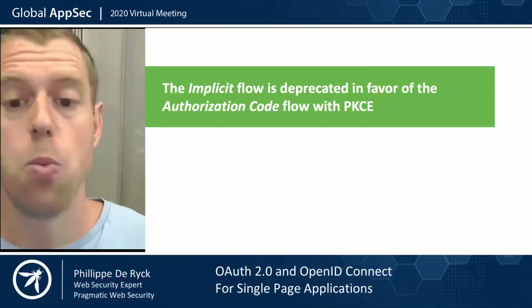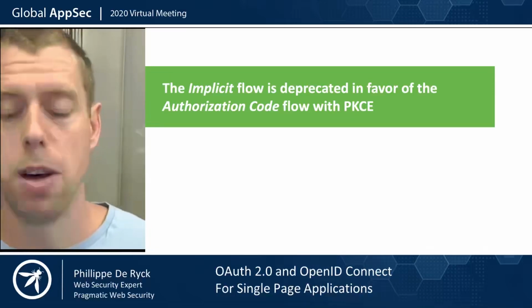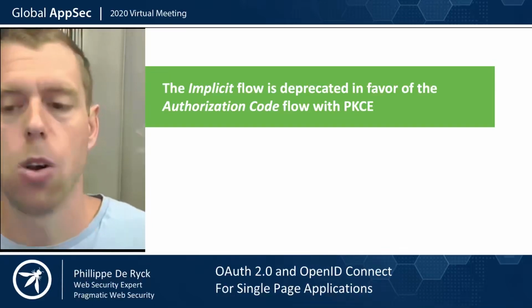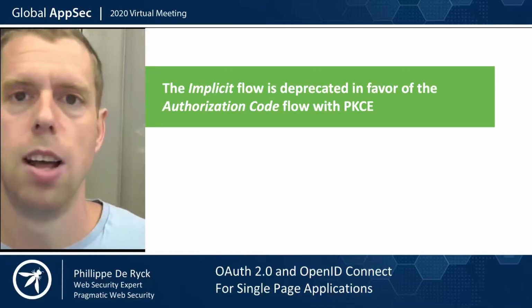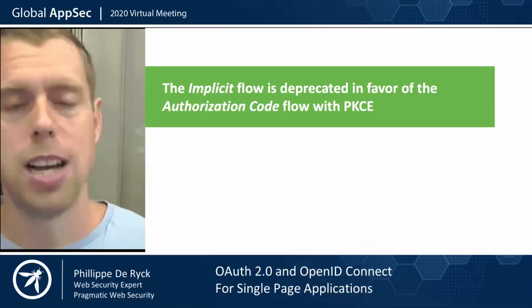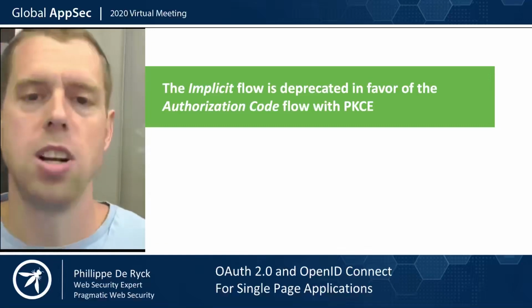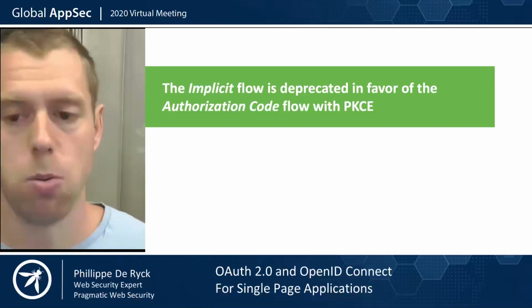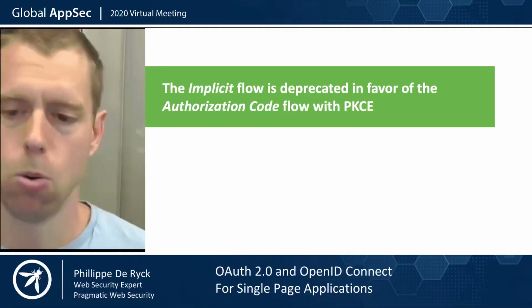What simply happened is that we have a better alternative, and I'm going to talk about some additional benefits in a second, but we have a better alternative, so the recommendation is to use that today instead of the implicit flow. And the reason we have something better is because our SPAs, our browsers, got better and are capable of doing cross-origin API calls to do the code exchange and so on. So technology got better, and so did the OAuth flows.